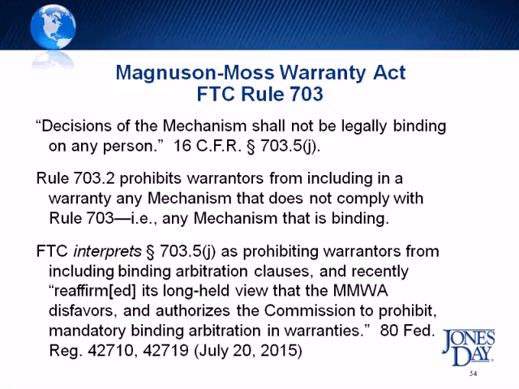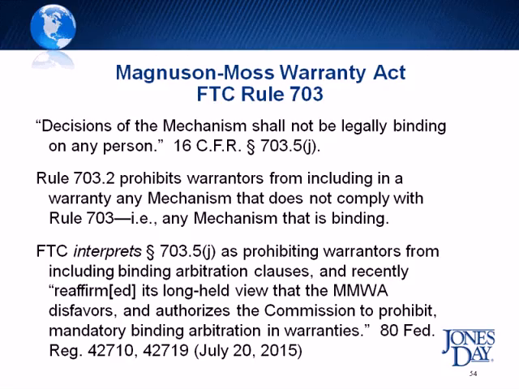Well, according to the FTC's interpretations, and recognize that the interpretations represent the Commission's views, they're basically advisory in nature, but the FTC interprets the provisions that you see, the decision shall not be legally binding, to prohibit warrantors from including binding arbitration clauses in their contracts. And in fact, just recently in July 2015, they issued their final action and reaffirmed their long-held view that the Act disfavors and authorizes the Commission to prohibit mandatory binding arbitration in warranties.